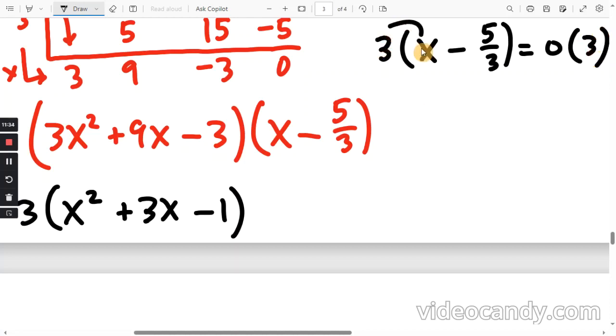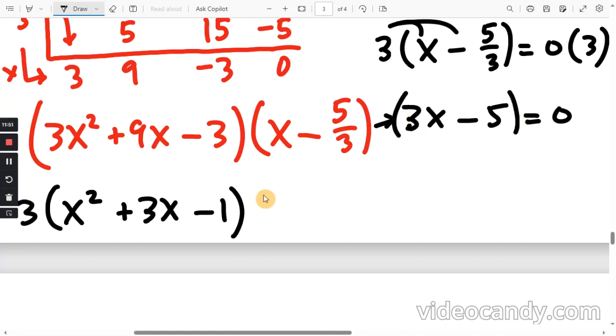All right, distributing 3 times x is 3x. 3 times -5/3 is -5, and that equals 0. So instead of this right here, we're going to write 3x minus 5, because we don't want fractions. So we're going to write that instead, 3x minus 5.